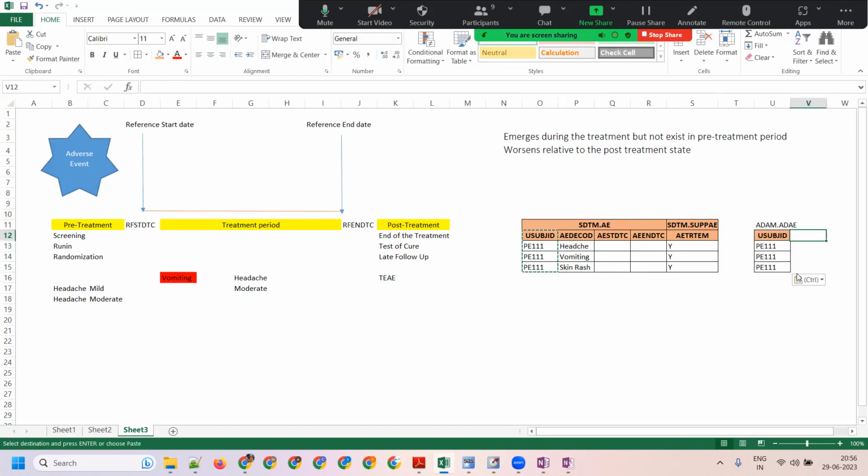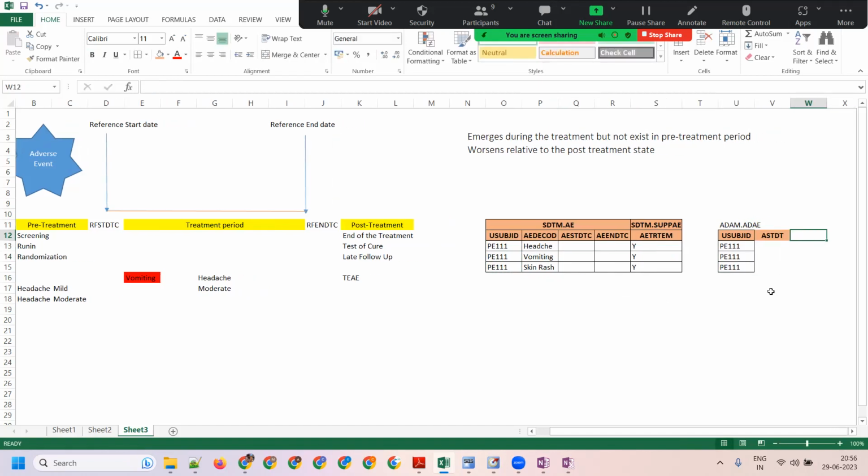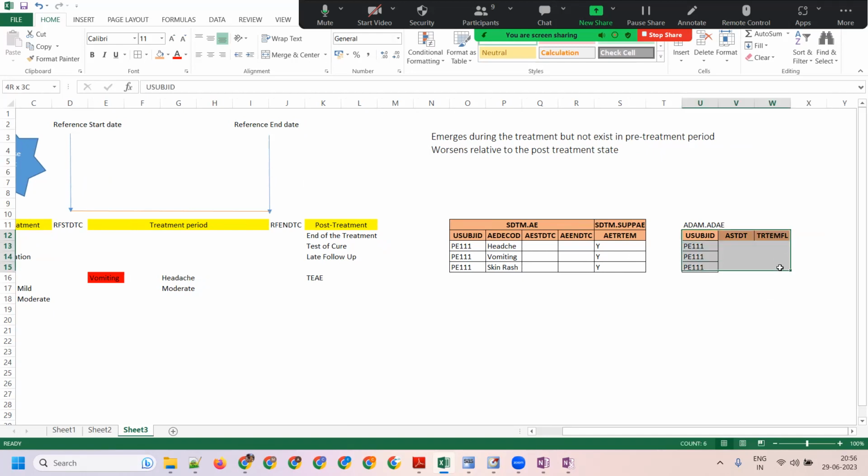I'm going to have the adverse event start date. I'm also going to have the treatment emergent flag, TRTEMFL. So now how am I going to keep this for these three?